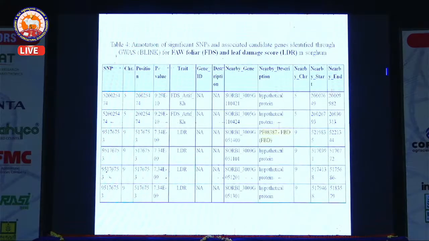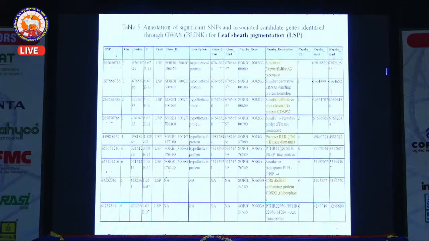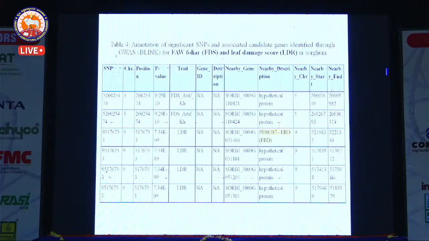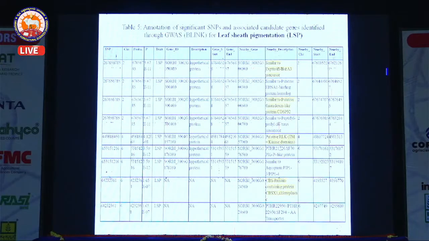So after the annotation, we got the candidate genes present within plus or minus 50 kb, where we got this description of the identified candidate genes. For example, FDB for the trait LDR, and other proteins for leaf sheath pigmentation like kinase as well as CBS domain.